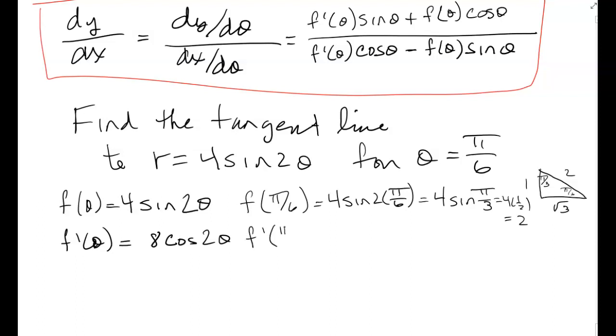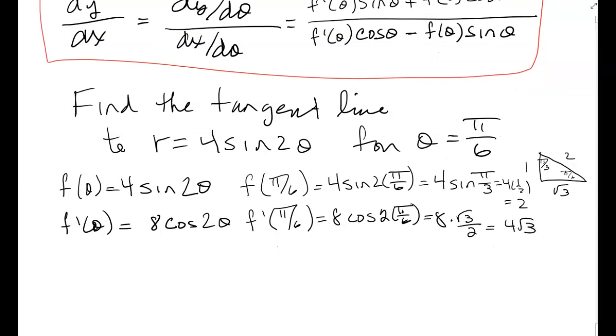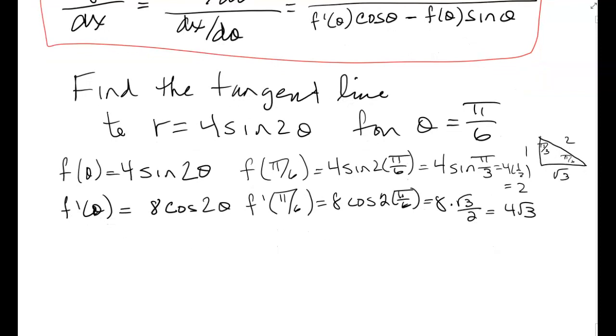F prime of pi over 6 is 8 cosine 2 pi over 6, which is 8 cosine of pi over 3, which is square root of 3 over 2. The other things that'll come in handy we'll get from the triangle. All right, so I worked all that out so I don't have to work it out when I'm doing problems.